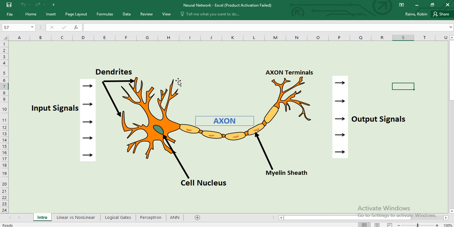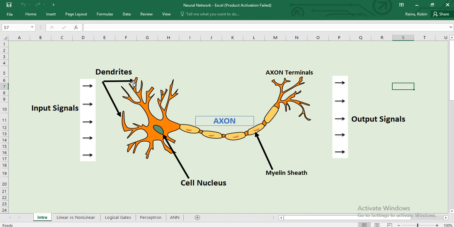So artificial neural network is purely inspired from the human brain. This is just an example that we are showing here, how the neural cells within the brain look, how it processes the information. Here you can see the input signals.